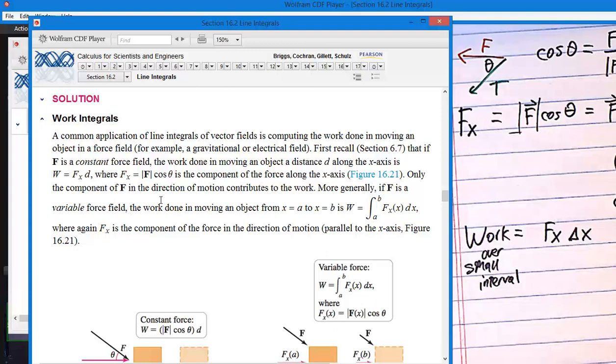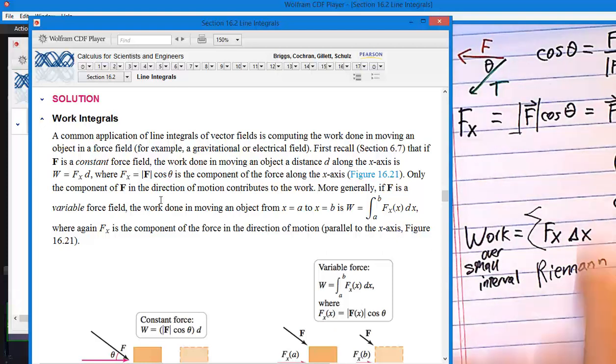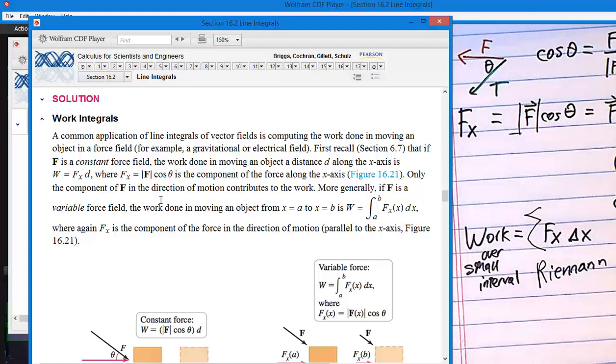Well, if that's the work over a small interval and I say, let's compute the work as we move along a curve, it might not surprise you to say, oh, we'll just add all those up and then we'll appeal to my man Riemann. It's a Riemann sum and therefore it's going to become an integral when you take the limit, right? Yes, this is very much a hand-waving argument, but this is good.